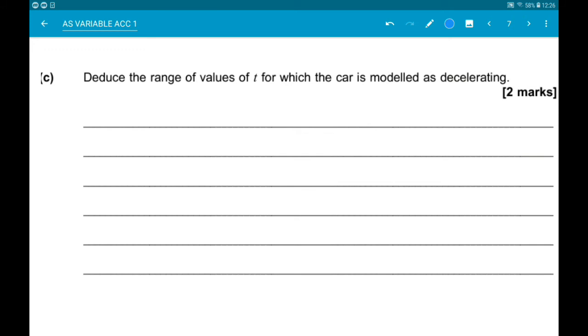Now, because that's a stationary point, instantly after, it's then going to decelerate. So we know that we are decelerating for t greater than 13.3 seconds. Now, the model is only valid up to t equals 15 seconds. So the upper bound is t less than or equal to 15.